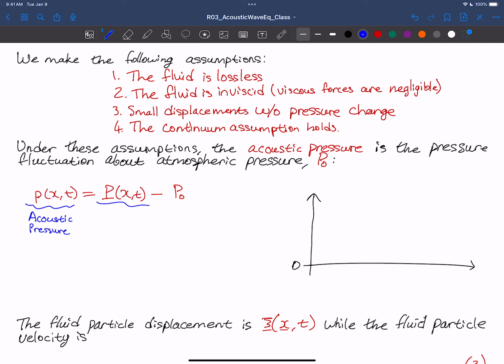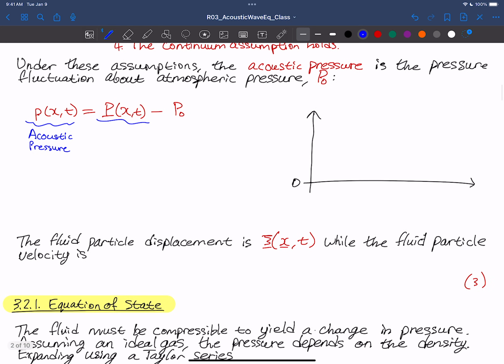On the left, we have the acoustic pressure. On the right, the first term is the total pressure, and the second term on the right is the atmospheric pressure.